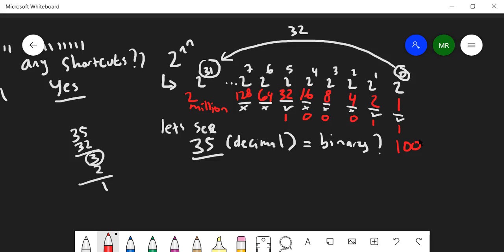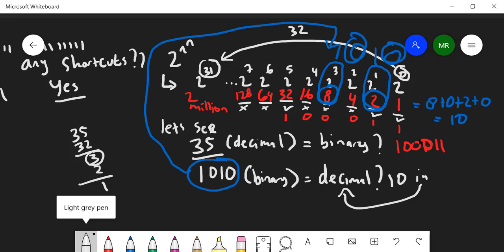A quick question. Previously, we converted decimal to binary. Now, how about the opposite? Binary to decimal. Let's say we have 1010 in binary. In decimal format, you just have to match it with the corresponding table number. The first 1 is at 2 to the power of 3, which is equal to 8.